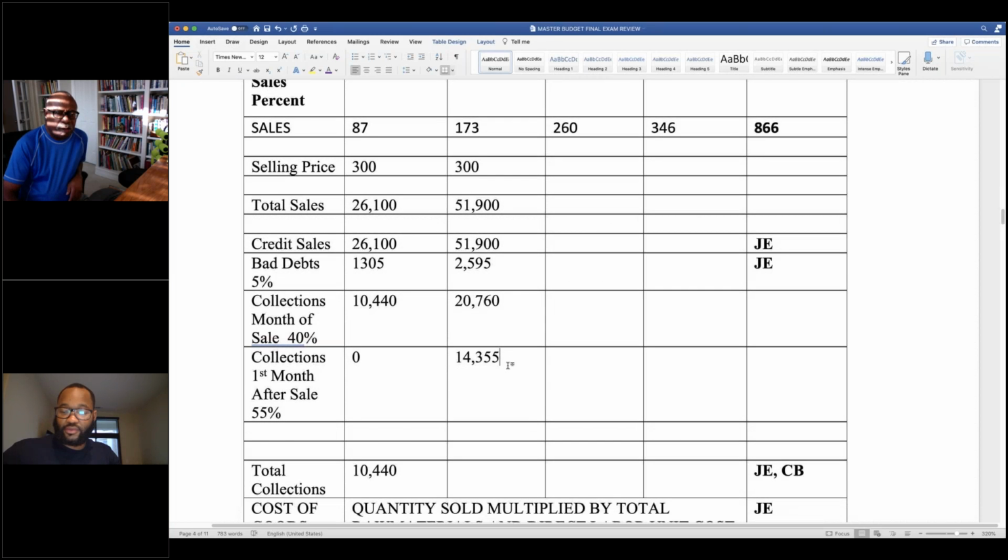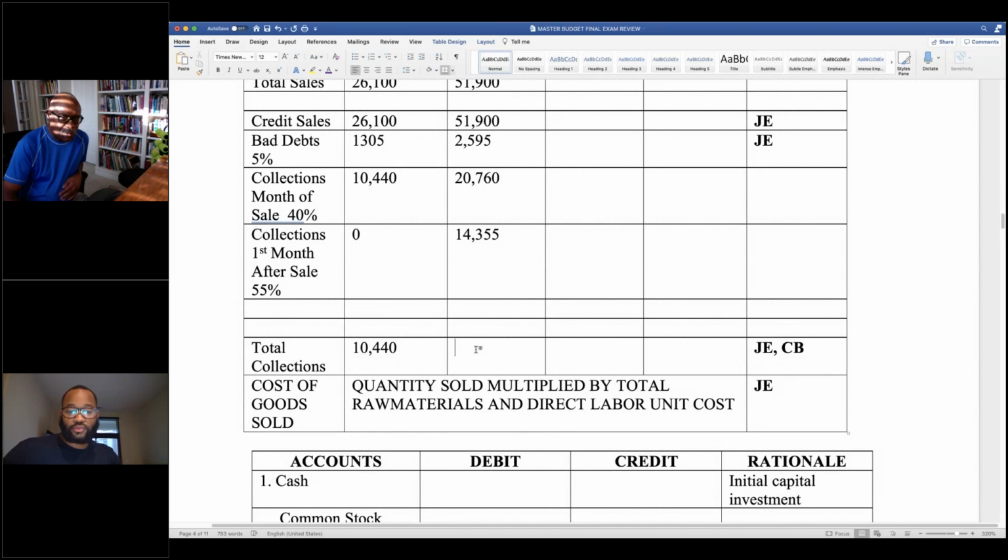So what are our total collections? 20,760. How much is it? 35,115. Well, we're going to do the 35,115.